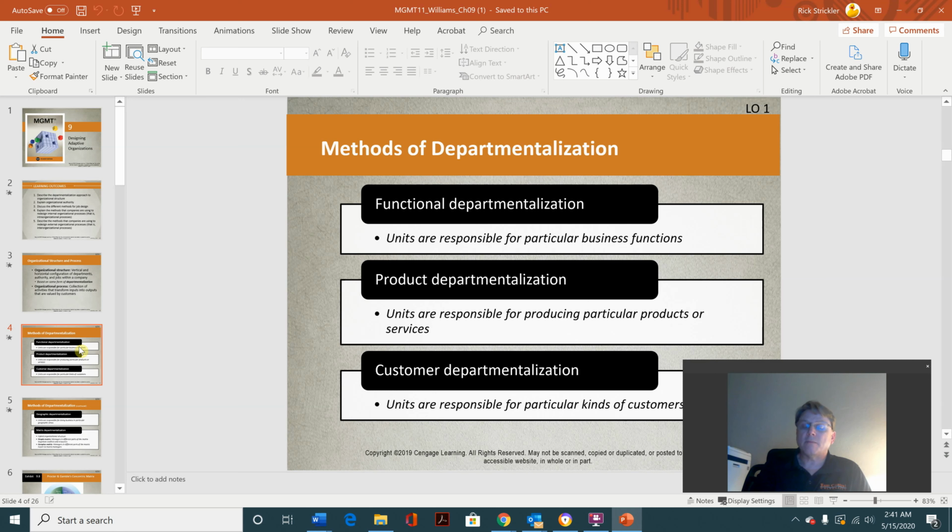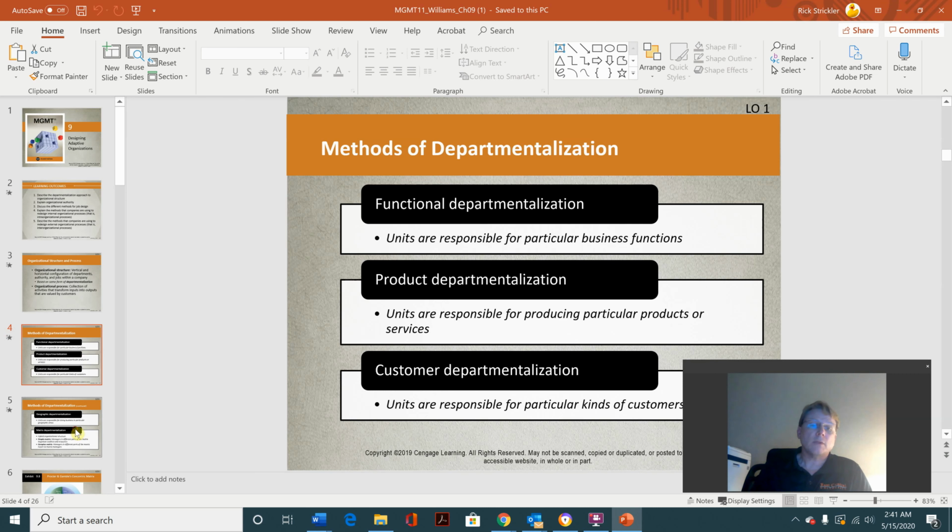So you might have one department that handles all of your large corporation customers. You might have another department that just handles individual people, customers. For example, in real estate, you have individual sales and you have commercial sales. So residential versus commercial.